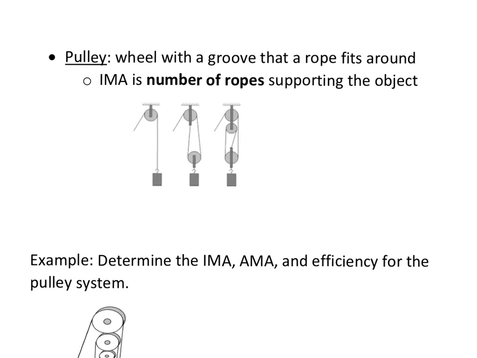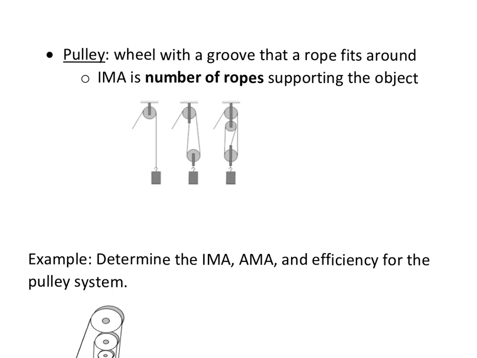Your ideal mechanical advantage, or the IMA, is just the number of ropes that support the object. So if we look at these pictures here, and I draw a little dotted line through the center, these are 3 cases. This one has 1 supporting rope, so that would have an IMA of 1.